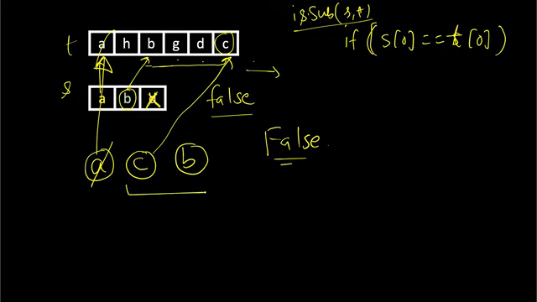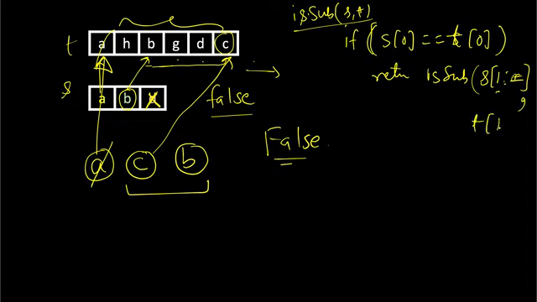Just look for this subsequence in this substring. So return isSub of S1 onwards, this slice will denote first to last character, and comma T1 onwards.